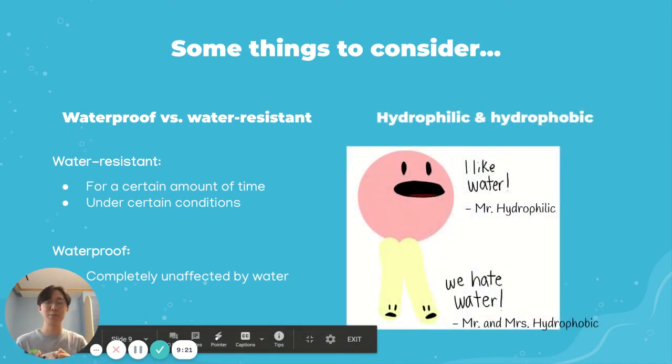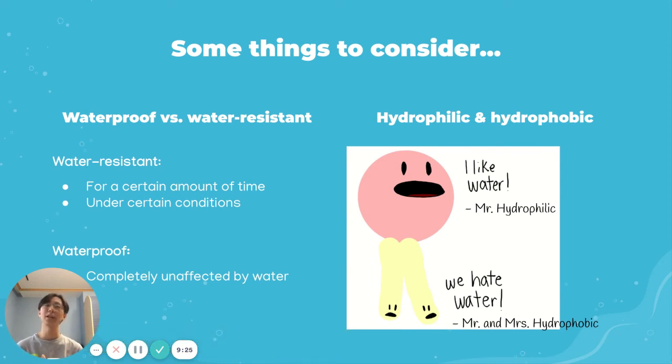And I just wanted to briefly go over these two terms, hydrophilic and hydrophobic. Hydrophilic means water liking, and this is what Mr. Hydrophilic is saying. And then hydrophobic means water hating. So this is what Mr. and Mrs. Hydrophobic over there are saying. So hydrophilic, liking water, and hydrophobic, hating water.